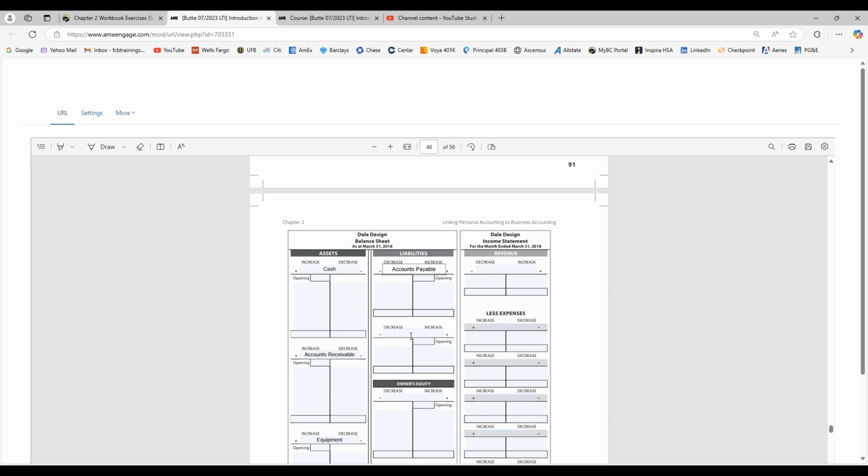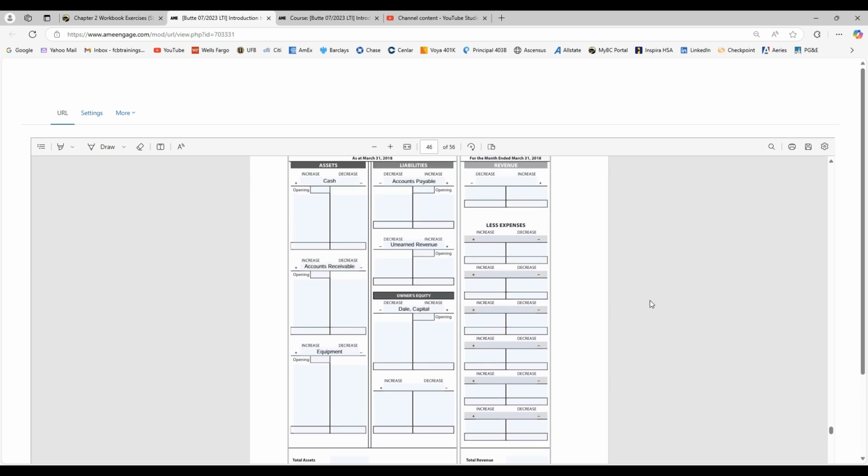And one thing to note, you would actually need to work through some of these problems to know the names of these T accounts, like unearned revenue. As you work through the problem, that's how you would know. But I'm just going to go through and input those now, and then we'll have the right T accounts for us to interact with.